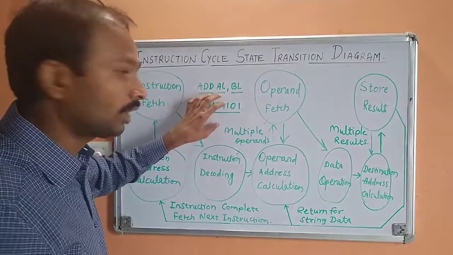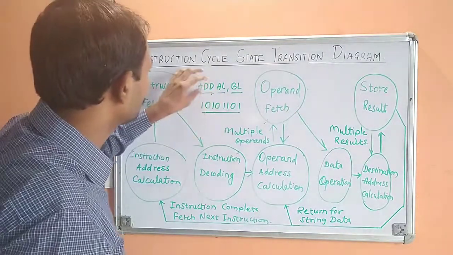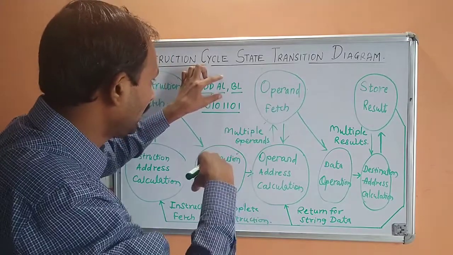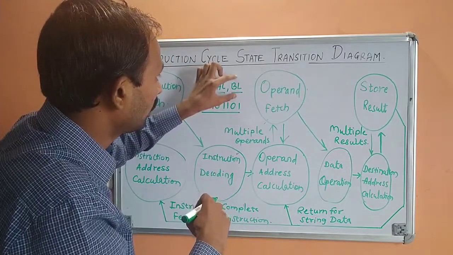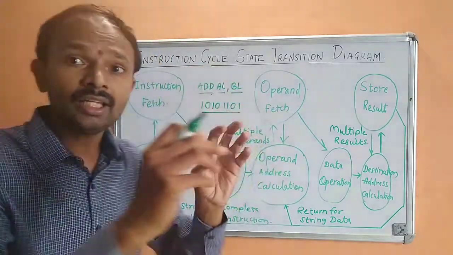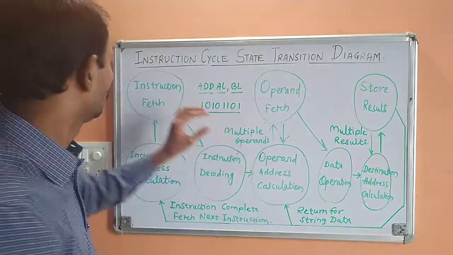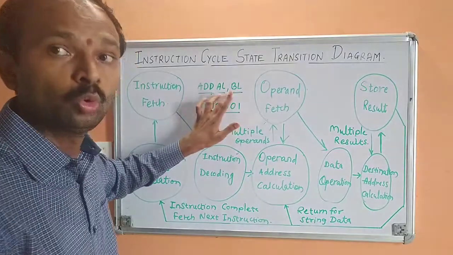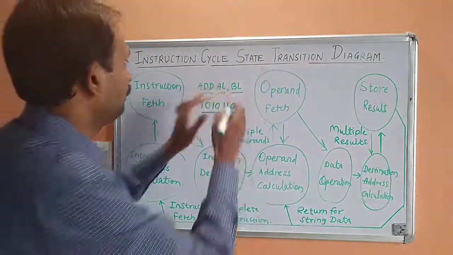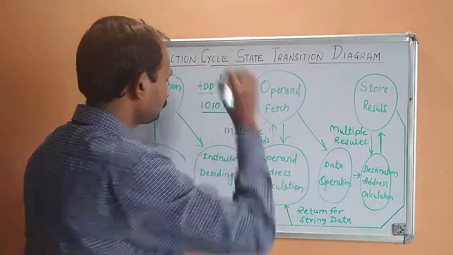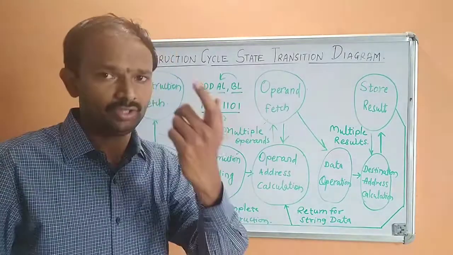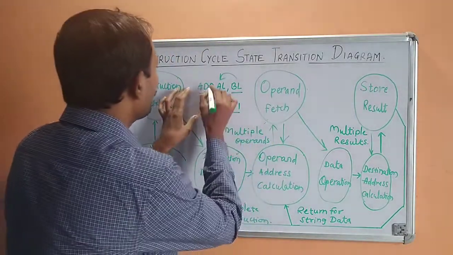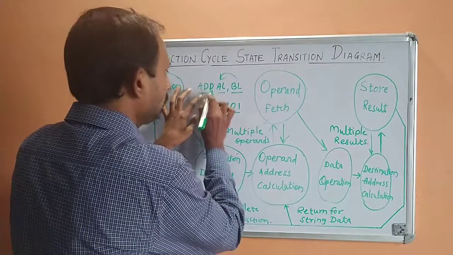So once the computer understands that this is the ADD pattern, this is the pattern for the number inside the AL, and this is the pattern for the number inside the BL, then only will the add operation happen on these two numbers and the result will be stored inside the AL register. Now we are done with the instruction as of now.